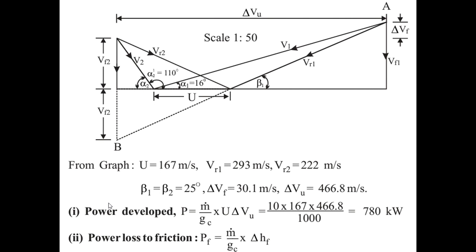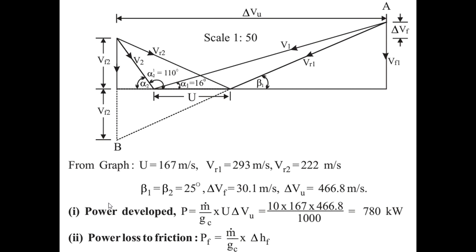VR1 line, or VR1 line, from A. See here, from A, if you extend, we don't know the point where it cuts, correct? So from point A to point B, you can just meet one line here. Or one more procedure I'll tell you. Extend this VF1. VF1 on the top side should be equal to VF1 on the bottom side.